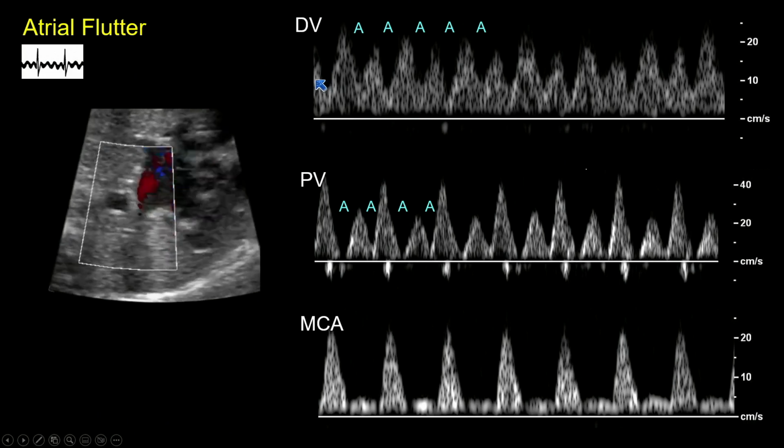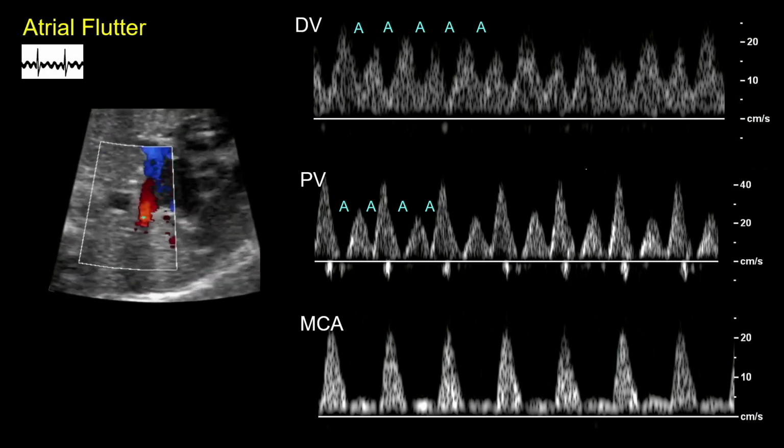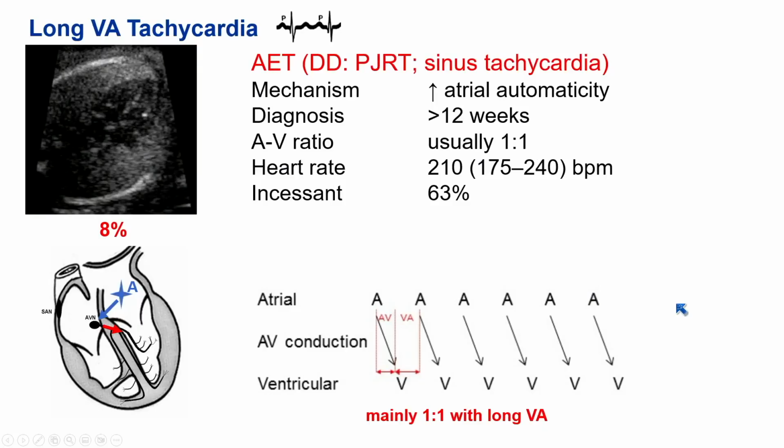Again, a very characteristic Doppler flow pattern also in the ductus venosus, which reflects these rapid atrial contractions. You have a lot of very brief atrial contractions, but the flow is continuously antegrade. It's not reversed like in the AVRT. The same you see in the pulmonary vein Doppler. Again, the middle cerebral artery Doppler is usually consistent, and shows about the same flow pattern.